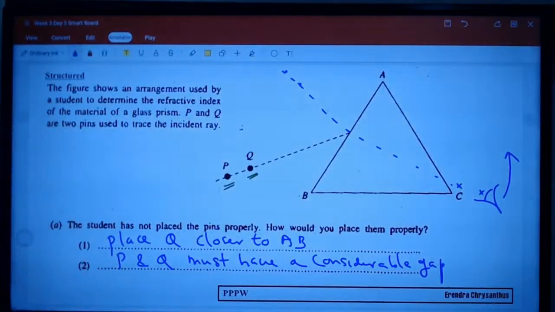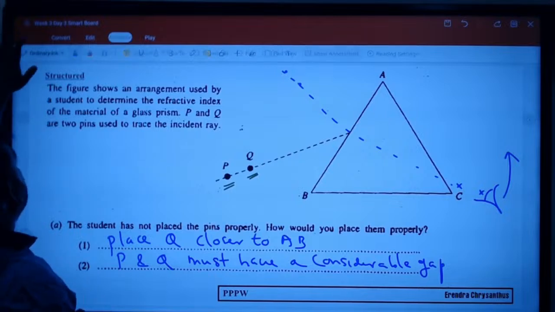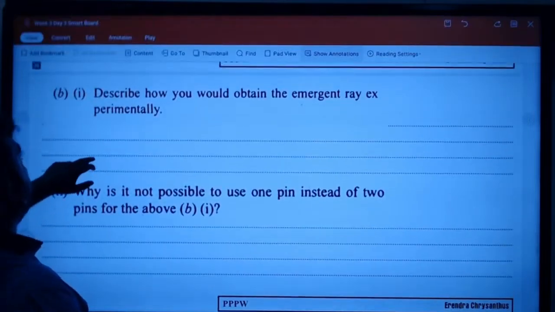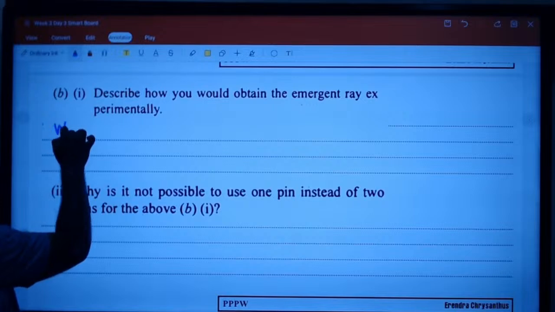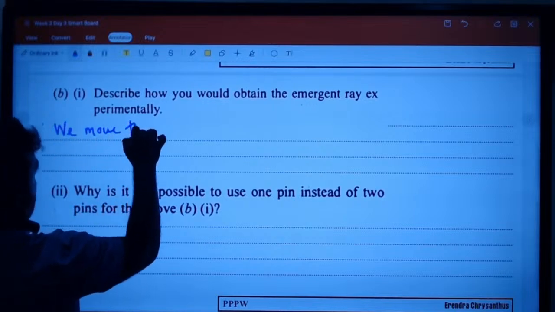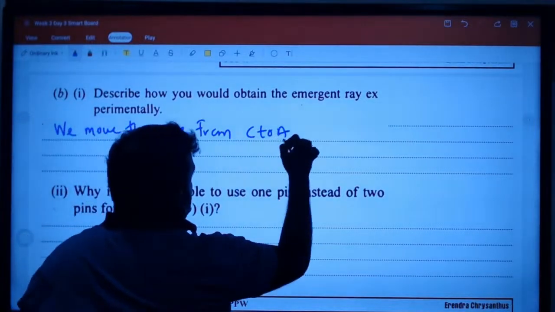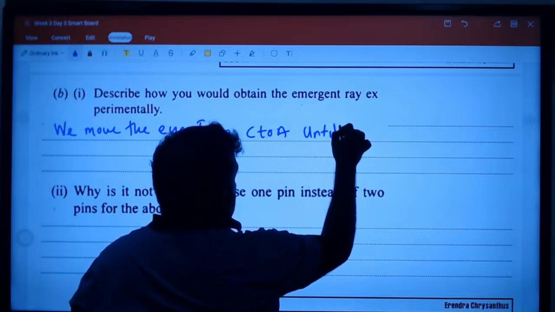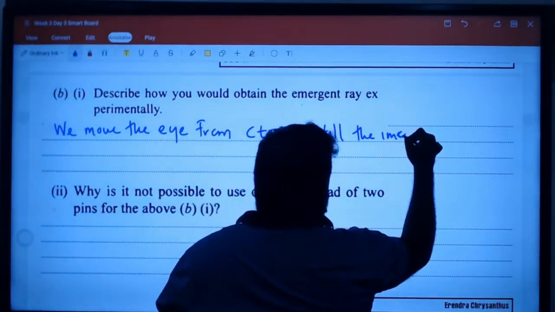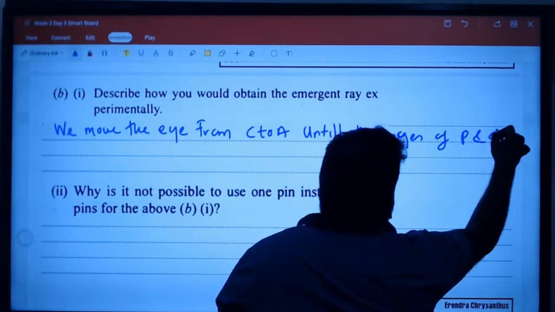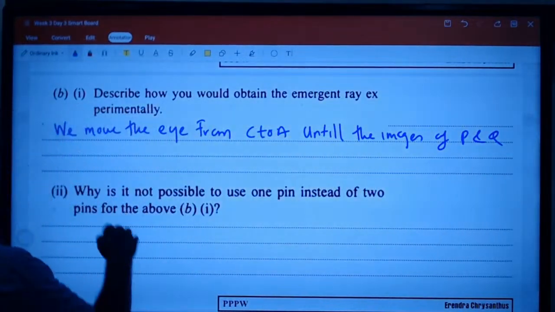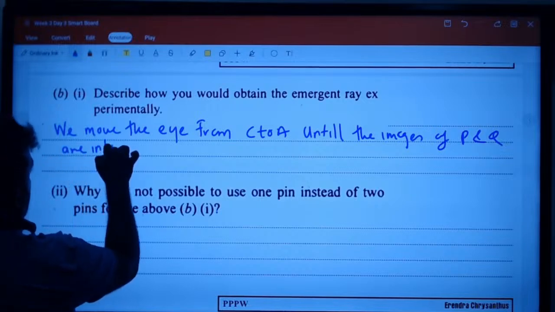I'll write it over here. We move the eye from C to A until the images of P and Q are in line with each other.